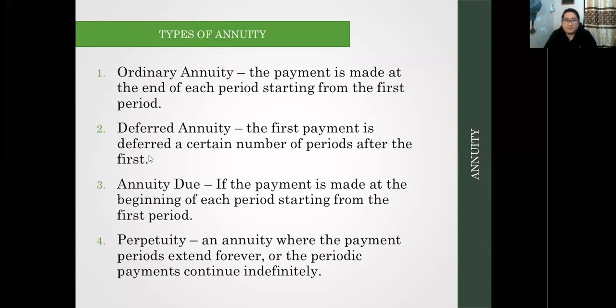So let's say, yung mga offer halimbawa sa mga sasakyan na bawa first 3 months, wala kang babayaran na down na installment. After nung 3 months, saka ka lang mag-start ng installment mo. So deferred annuity 'yon.